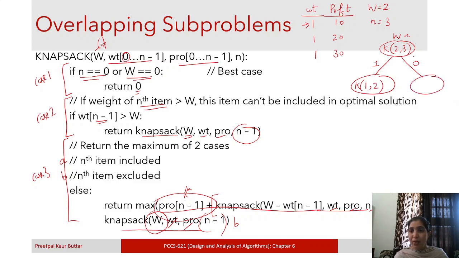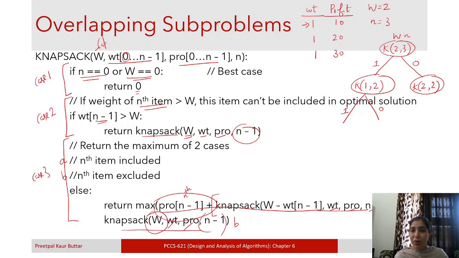If you decide to exclude it, then the weight will remain as it is, 2, and the number of items will decrease because you have made a decision on the nth item. Now n minus 1 items are left to be considered. So 2 comma 2. Here again you have two choices. Now you have two items, and you can include the nth item or exclude it.